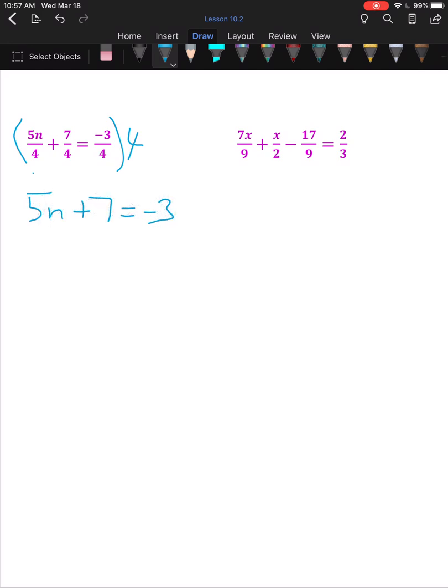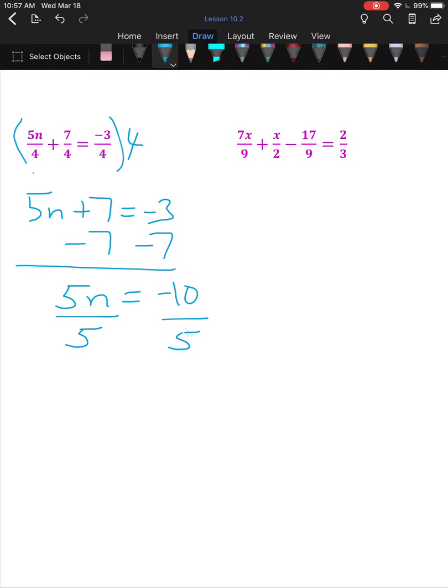That is only true when all the denominators are the same. This is then a two-step equation. We'll subtract 7 from both sides to get 5n equals negative 10. We will divide both sides by 5 to get n is equal to 2.